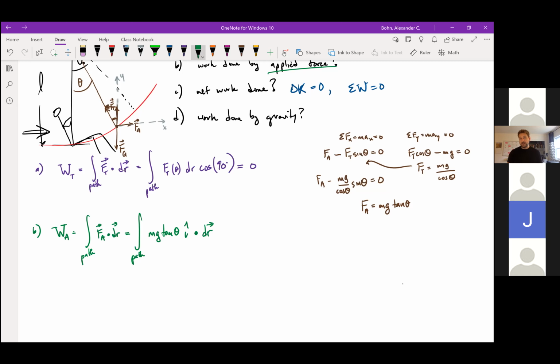There's a couple different ways to think about the next step. One way involves asking what are the components of the infinitesimal displacement vector dr. Clearly not infinitesimal here, but I needed to draw it, right?